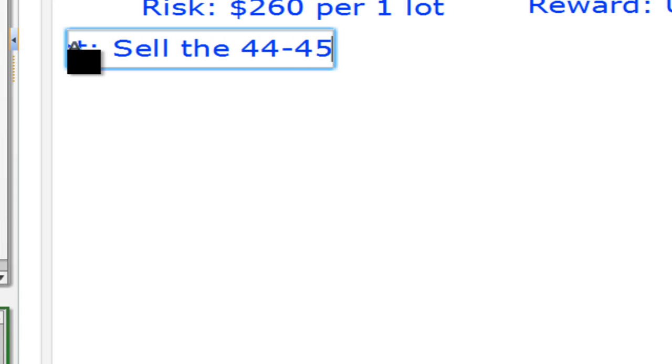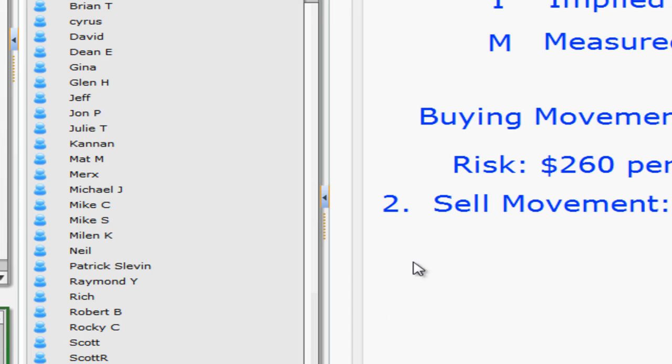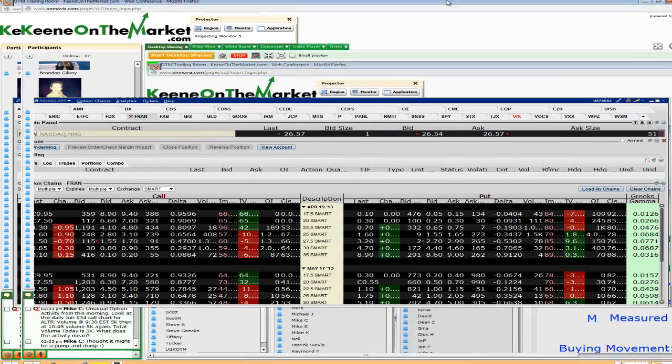Sell the 44.45 bear call spread and sell the 38.37 bull put spread, okay? So selling a call spread outside of the measure move target, selling a put spread outside of the measure move target. So let's see what price I can put this on for. So what I bring up is I bring up my option montage and I price this out.